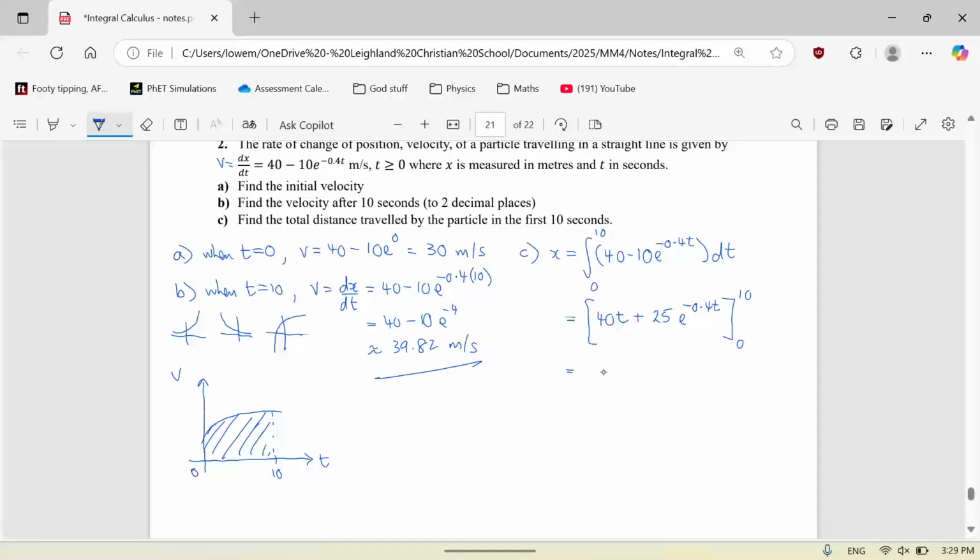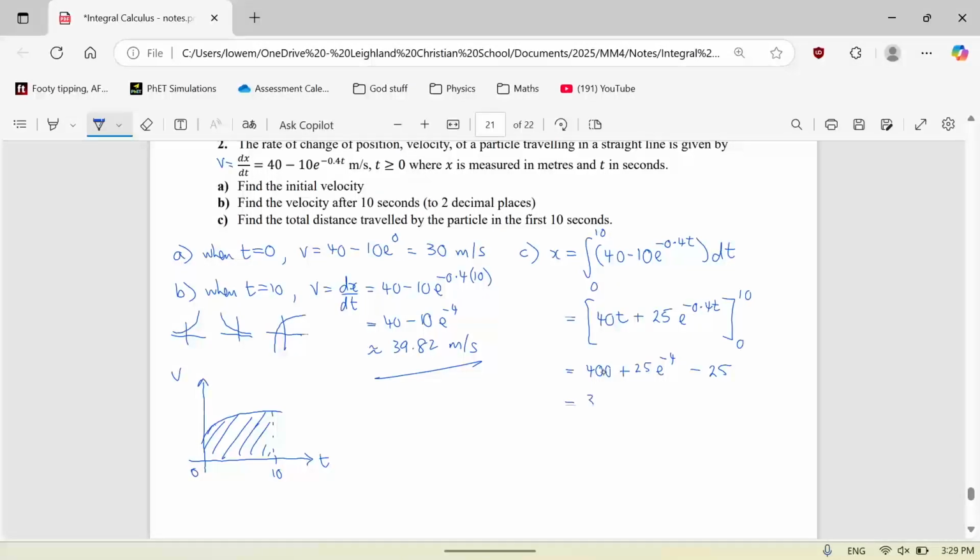That gives us, when we substitute the 10 first, 400 plus 25e to the negative 4, and then minus, substituting our 0, that becomes 0, and that leaves us with minus 25e to the 0, which is 1, so just minus 25.